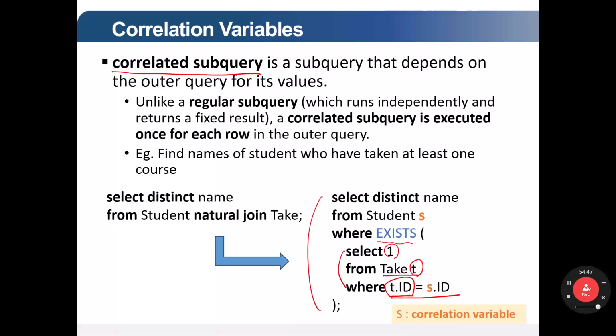We need to look at the take table and access the ID column. But what about this right operand of the equal operator? What is S? S is not defined inside the nested query. But if you look at the outer query, we have a table S. This is called a correlated subquery.